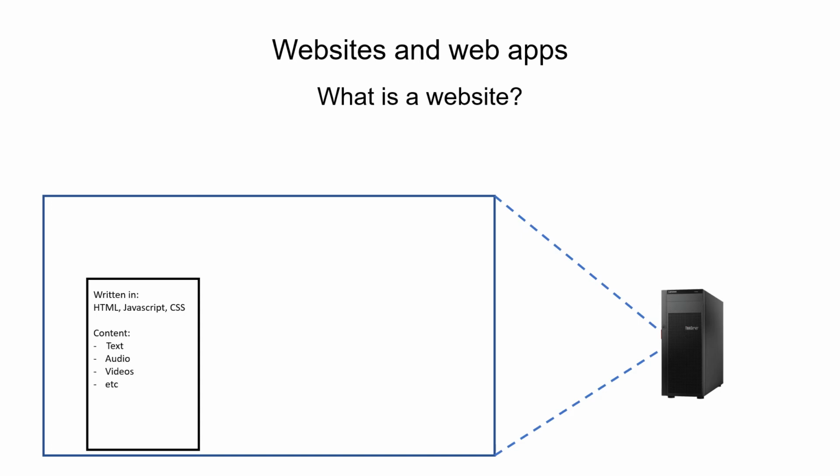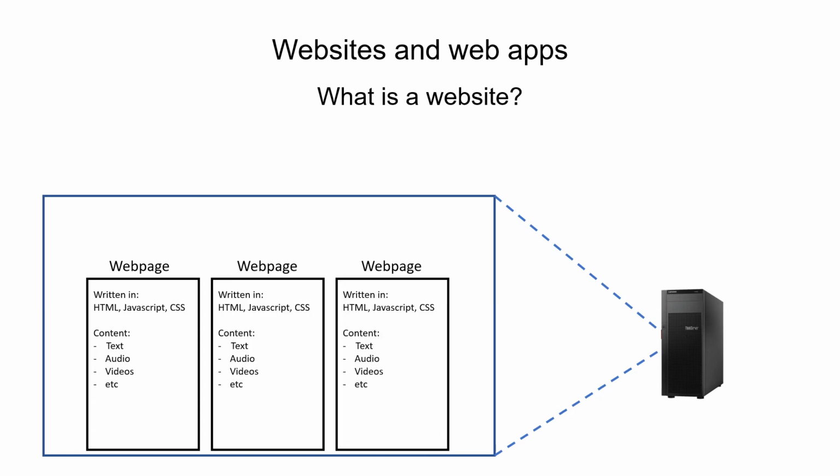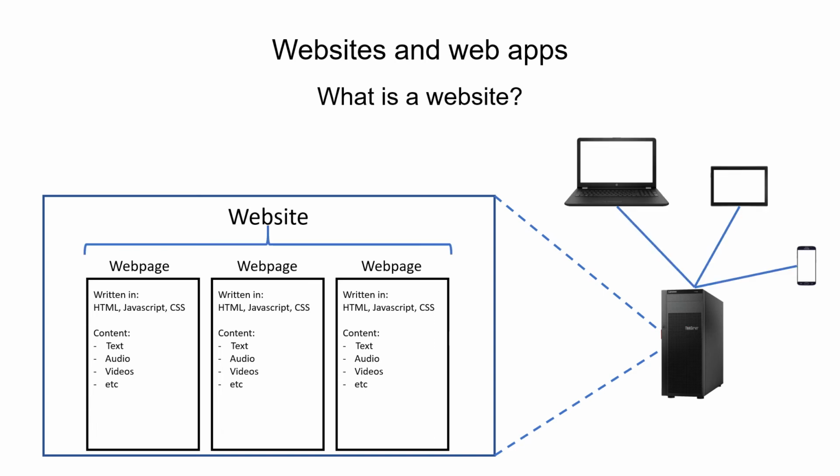These documents can contain content such as text, audio files such as MP3s, videos such as MP4s, etc. These documents are known as web pages. Now, one or more web pages contained in a server form a website. Client devices that have browsers installed in them are then able to make requests to that server, requesting for the web pages of the website that is contained in that server.